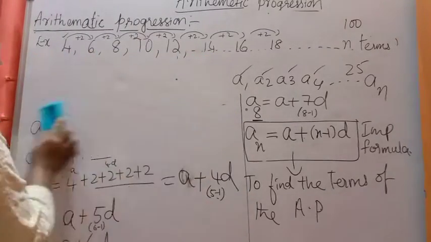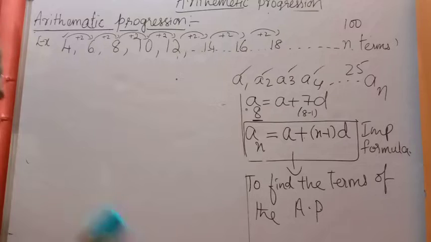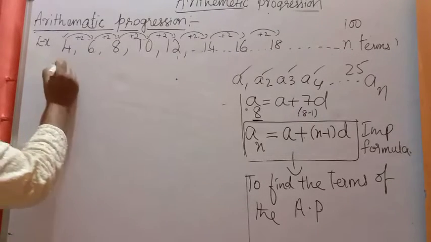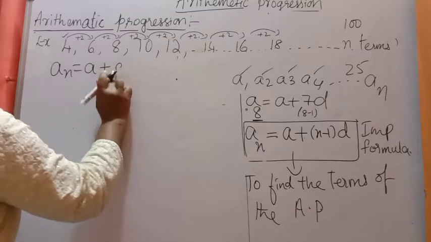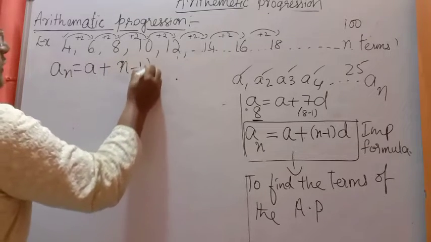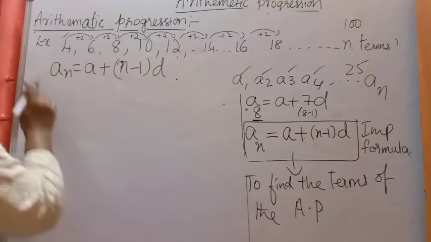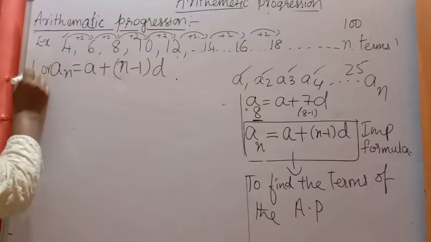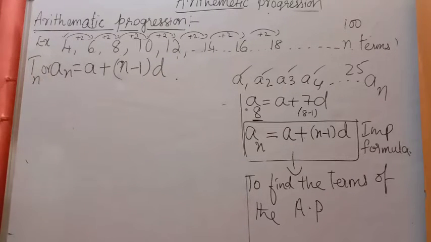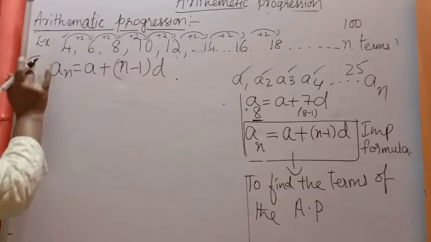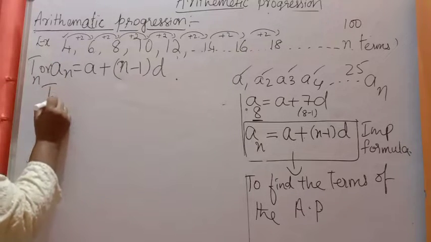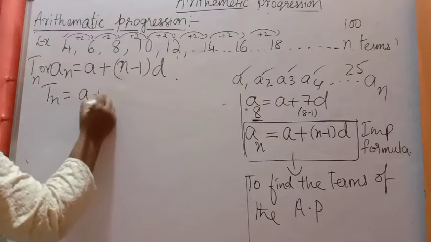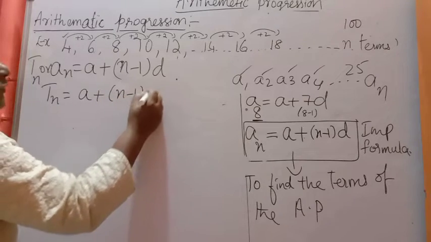Okay? See here, in this formula, AN is equal to A plus N minus 1 into D. AN, or you can also write it as TN. Both are same. Term. TN also you can write, or AN also you can write. TN is equal to A plus N minus 1 into D.